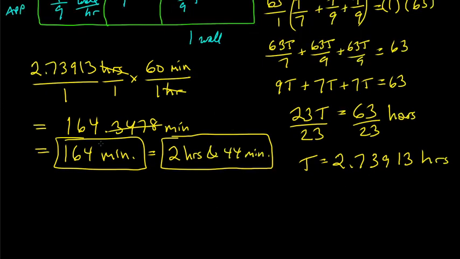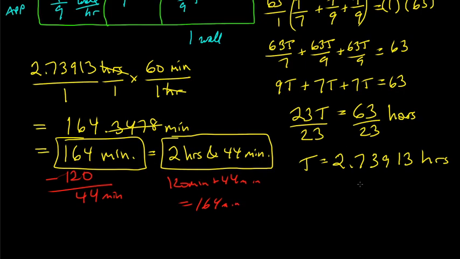If you're wondering how do I get the 2 hours 44 minutes, remember 2 hours is 120 minutes. So if you take away the 120 minutes, you get 44 minutes as the remainder. So 120 minutes plus 44 minutes, that's your 164 minutes. A little sloppy there, but either way is fine.